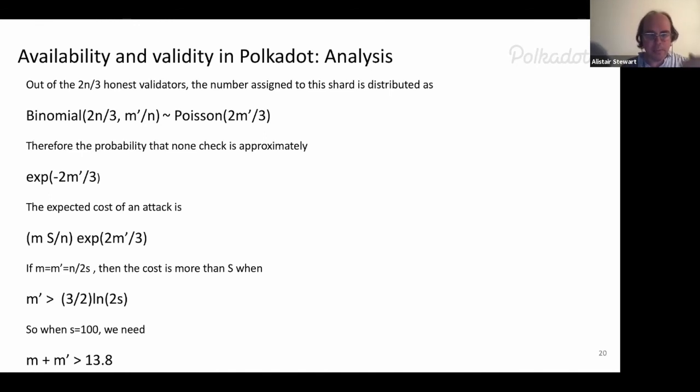So we do the binomial thing here. The probability that there are no honest guys is about Poisson, and the Poisson probability of 0 gives e^(-2M'/3) as the probability that none of these guys are honest. And this gives the formula for the expected cost of attack. We compare this with our 1/s fraction of stake, and this gives us a number.